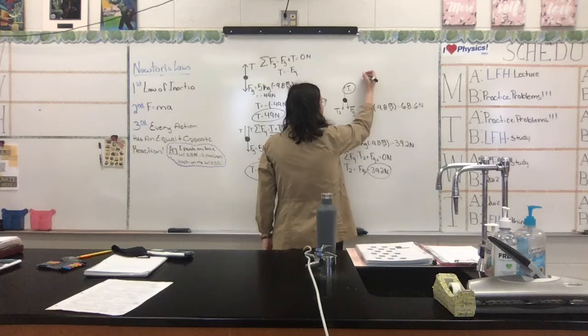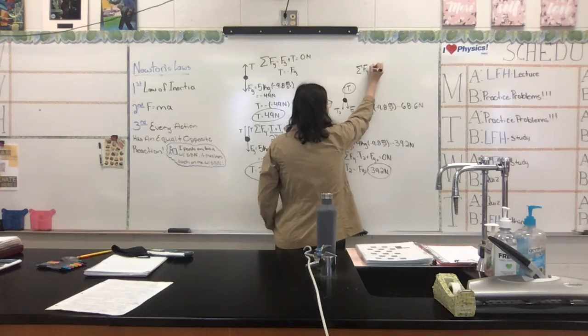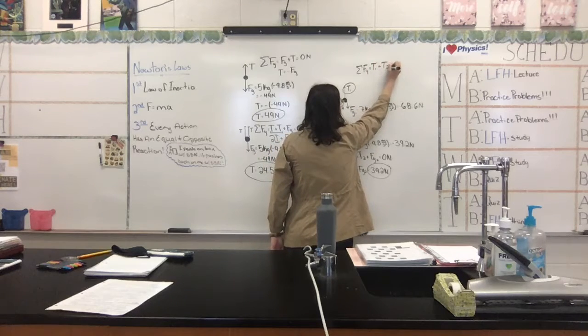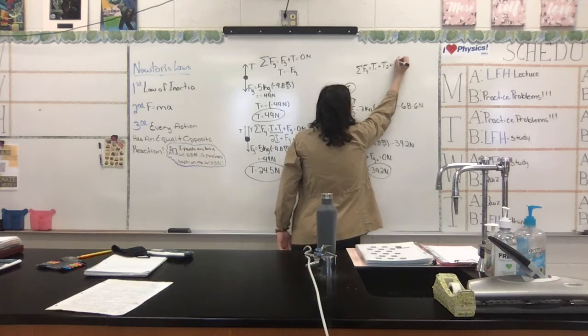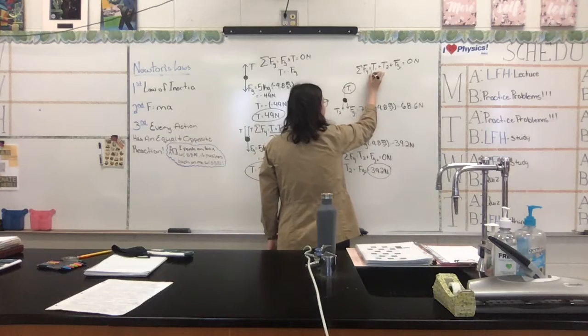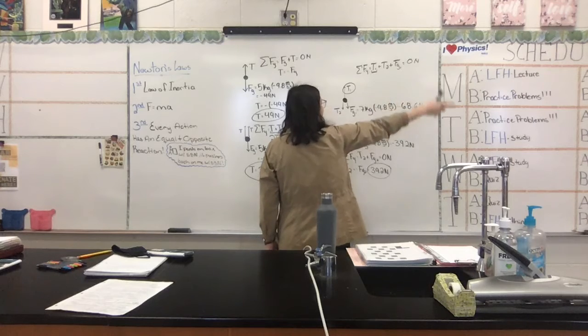So what we're going to do here is we're going to want to sum all of our forces in the y direction, which means we're going to want to add T1 plus T2 plus F sub g of 1, and we know that they all are going to equal 0 newtons. Now, we're trying to get T1 alone, which means we need to move T2 and Fg of 1 over.